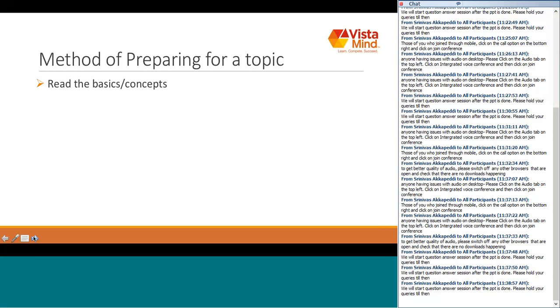Read the basics once, very slowly. There's one more thing I'm saying: when I say reading, I would very strongly recommend that you have a notebook for formulae. On our VistaMind app, which you can download on Android phones, there is an entire PDF of all formulas of quantitative ability.